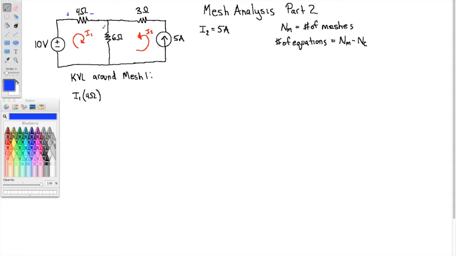Again, in the direction of the current, I want to know the drop across the 6 ohm resistor. From Ohm's law, I1 is with me, but I2 is also affecting that current, and I2 is also with me, plus I2. But we know what I2 is, it's not unknown, it's 5 amps.